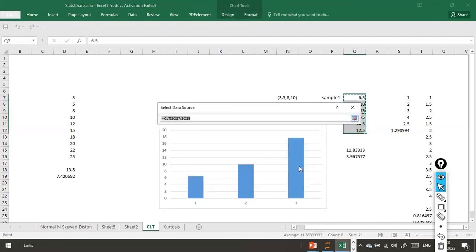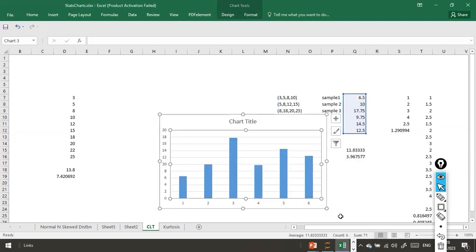So this relates to my first principle. What is my first principle? As the sample size increases, your distribution will become approximately normal, irrespective of the population distribution. When you draw a sample size closer to 30, it will become approximately normally distributed.